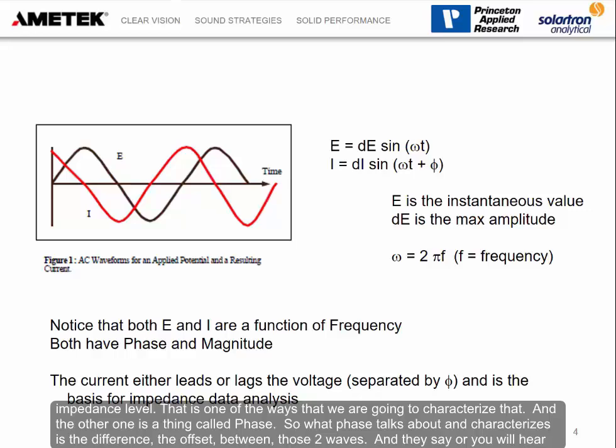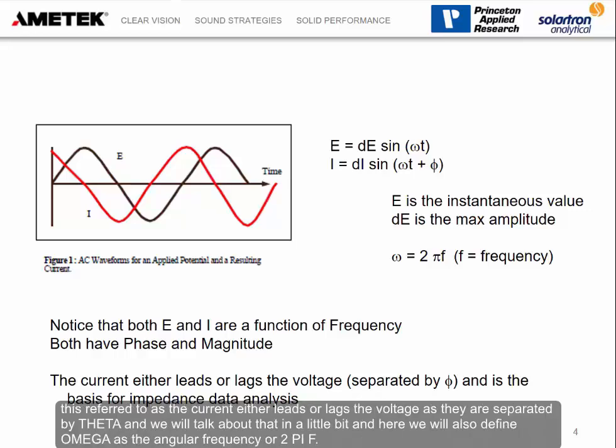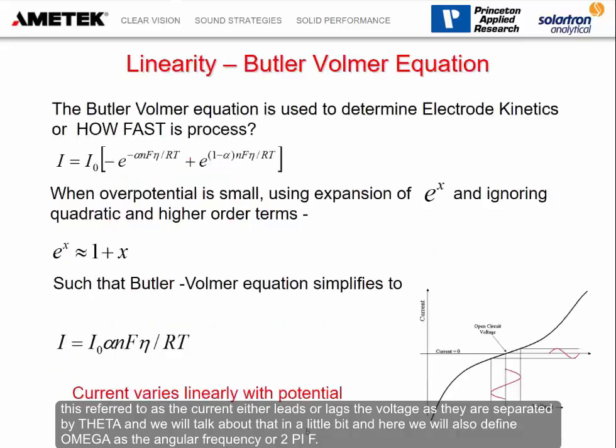And the other one is a component called phase. And so what phase characterizes is the difference, the offset between those two waves. And you'll hear this referred to as the current either leads or lags the voltage separated by theta. And so we'll talk more about that in a little bit. And here we also define omega as the angular frequency, or 2 pi f.